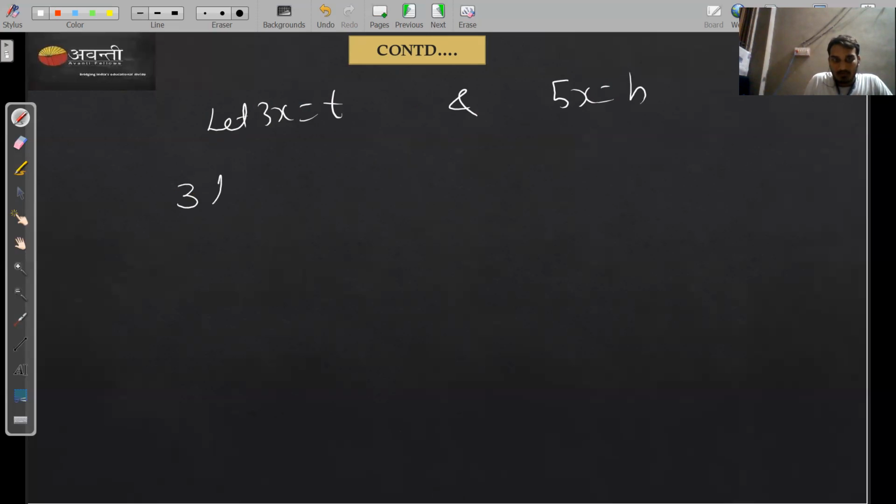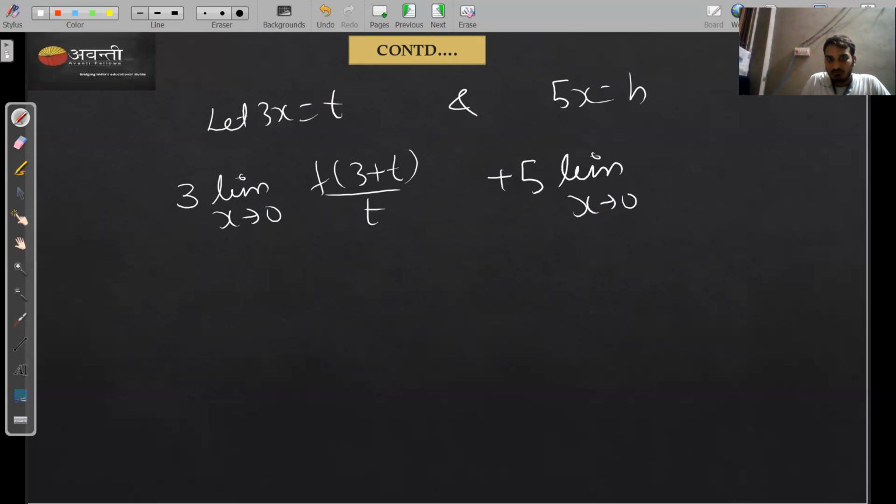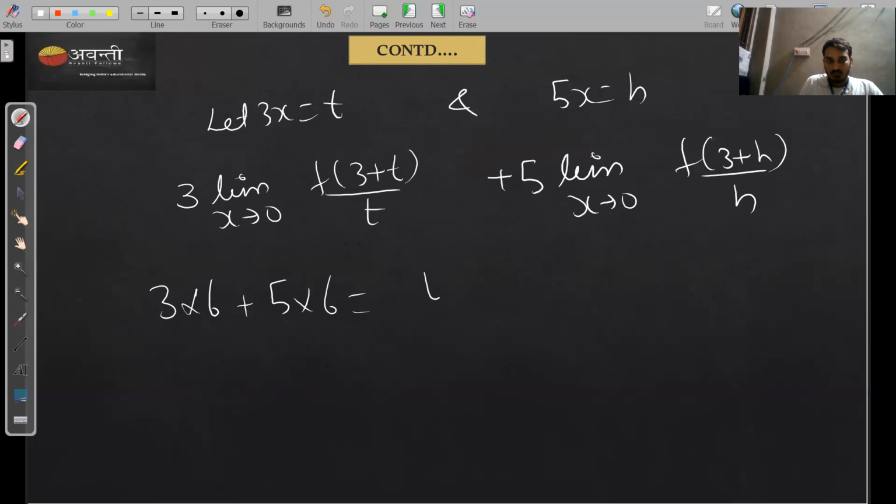So it becomes 3 times limit x tends to 0, f of 3 plus t by t, plus 5 times limit x tends to 0, f of 3 plus h by h. Yes or no? We know the value of each of these is 6. So 3 times 6 plus 5 times 6, which is 48. So the answer is 48.